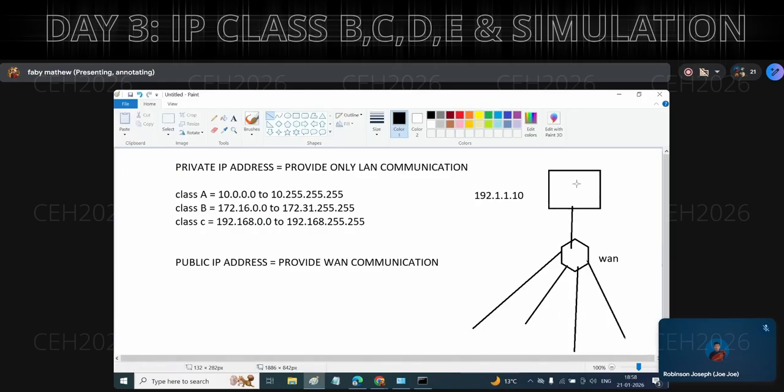They cannot access your machine with this IP address. It is a private IP, you cannot access it. Suppose this machine contains a public IP address, then from the WAN network, you can communicate with this machine. Got it?